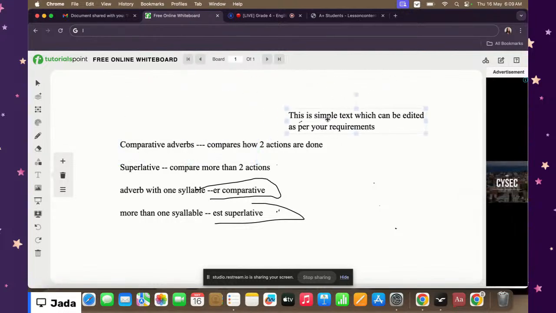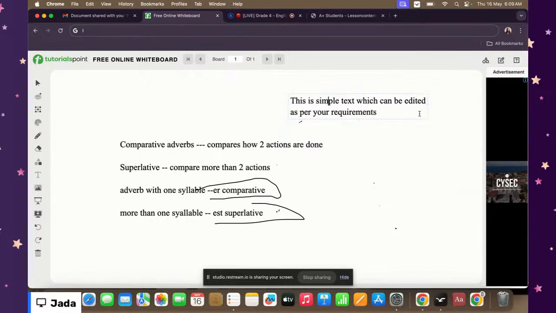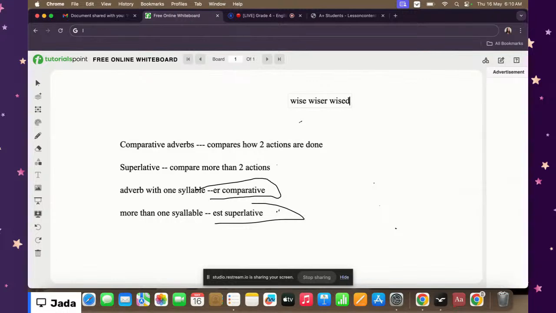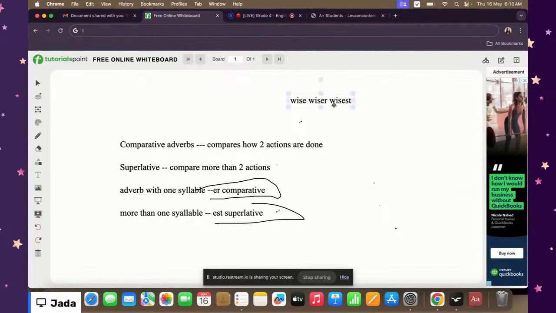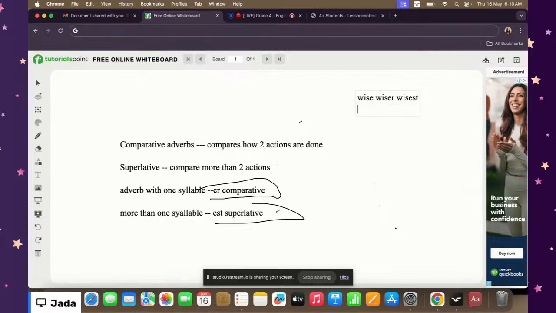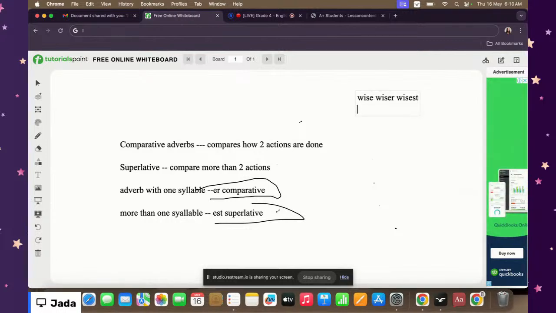We have the base word as wise, the comparative as wiser, and then the superlative as wisest. Okay, so this is how it's done, just like this. I want to see some of your own examples, just like this.